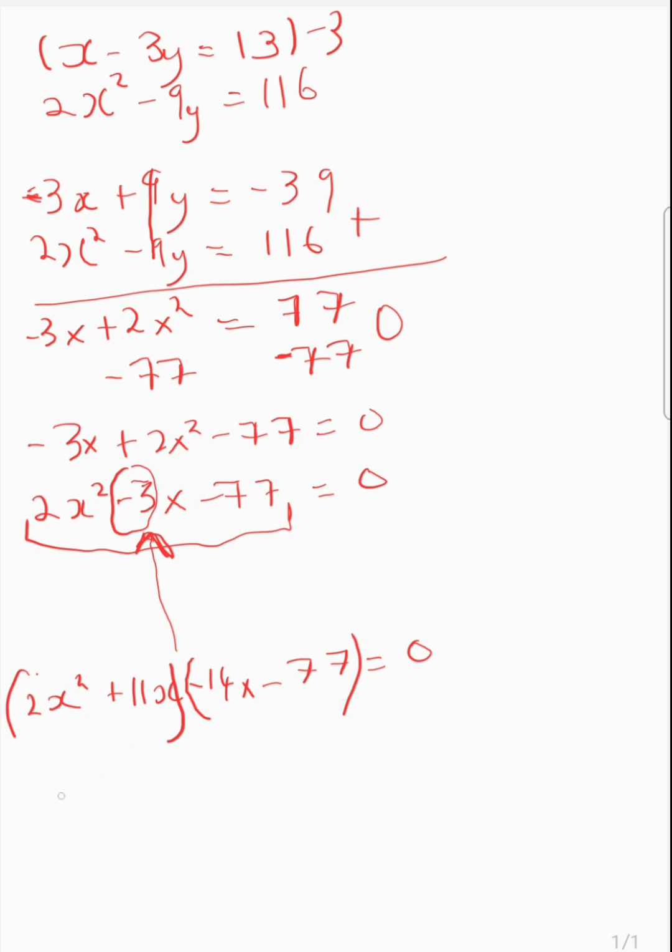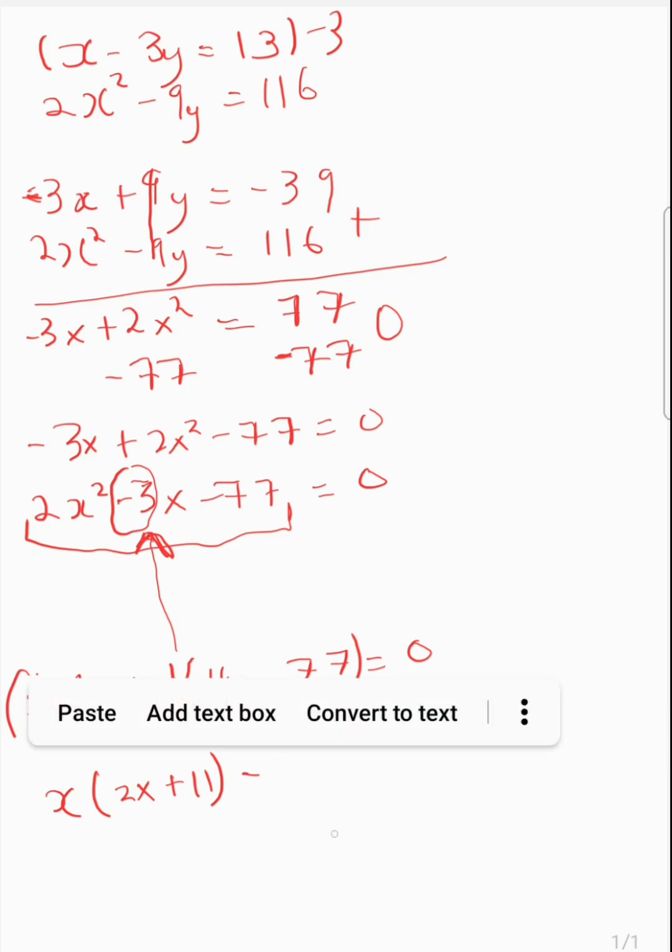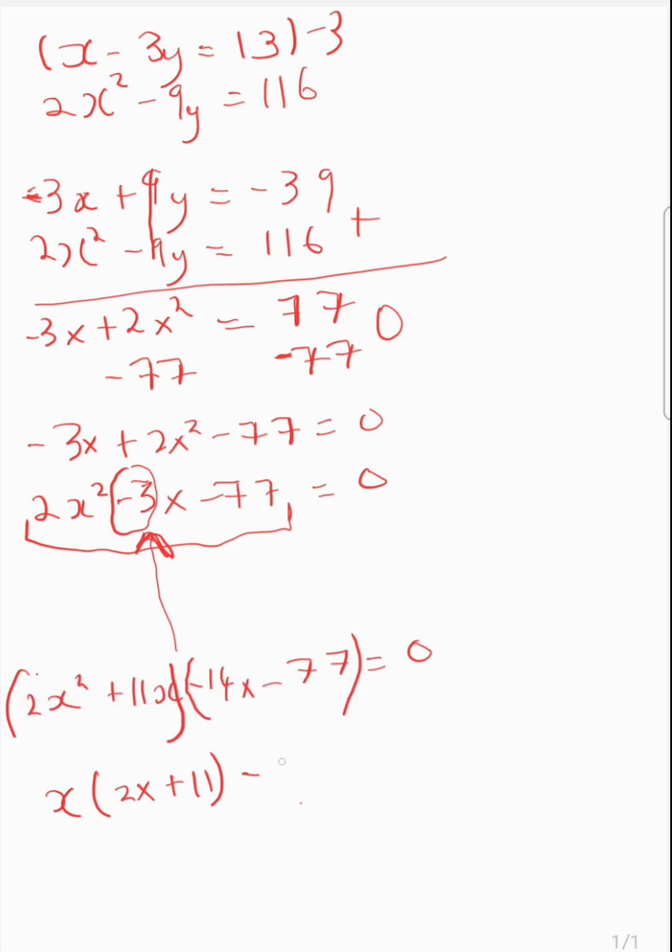The common term is x on that side, so we are left with 2x plus 11. On the other side, the common term is minus 7, sorry. It's minus 7. Then here we are left with 2x plus 11. Then this equals 0.